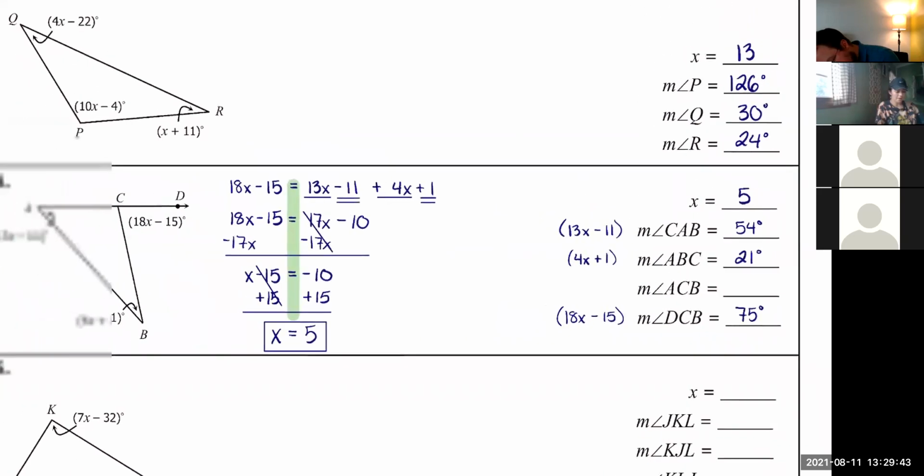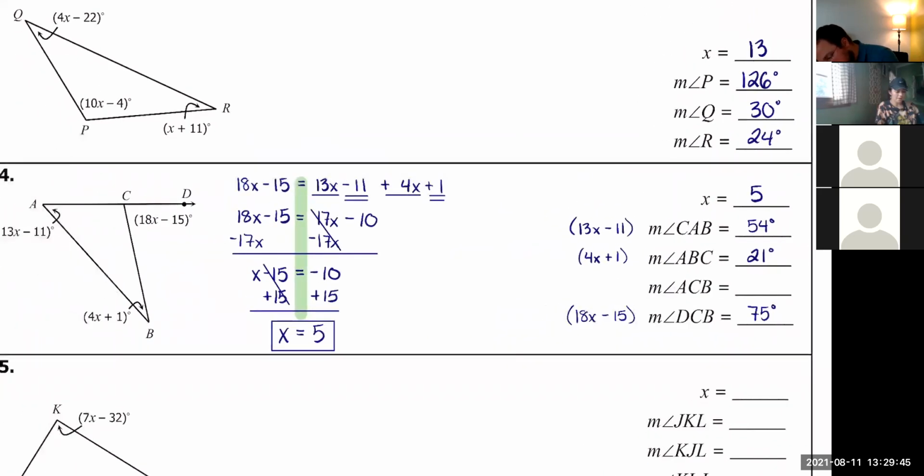So how am I going to find ACB? Which is right here. I'll give you a clue. Angle ACB and DCB are a linear pair.